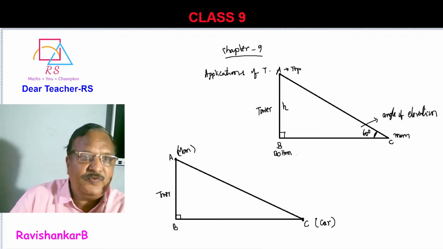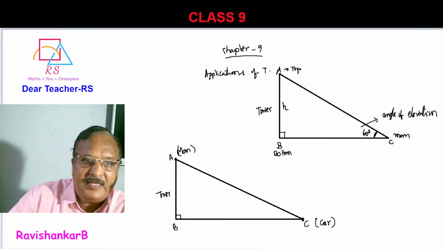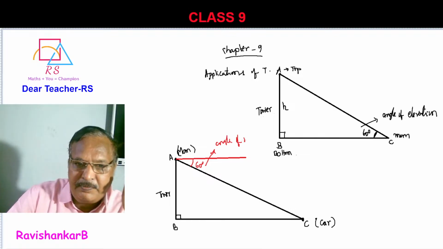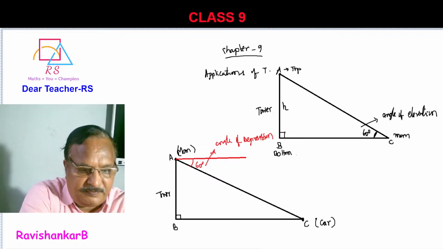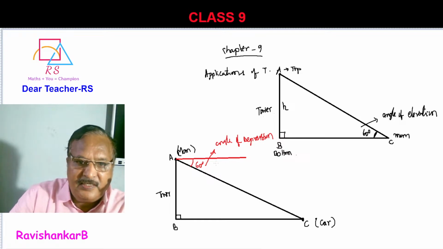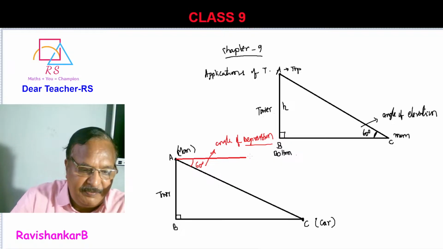The man is observing the car at an angle of 60 degrees. So you have to draw a horizontal, and this angle we call the angle of depression. If the angle is below the horizontal, we call it angle of depression.